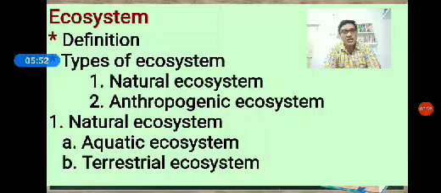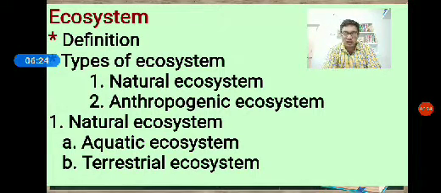First, natural ecosystem. These are ecosystems which develop naturally without any involvement of man. Naturally, they are able to exist without any influence of man or manpower.